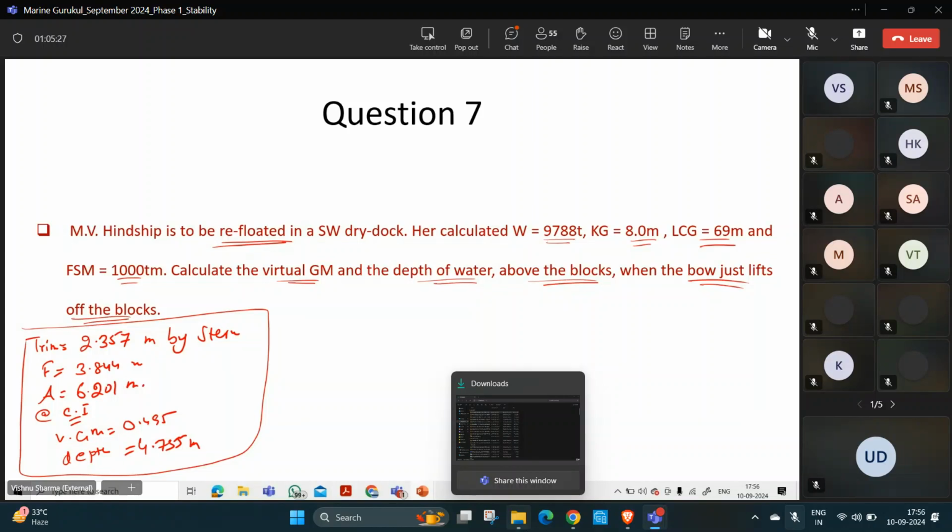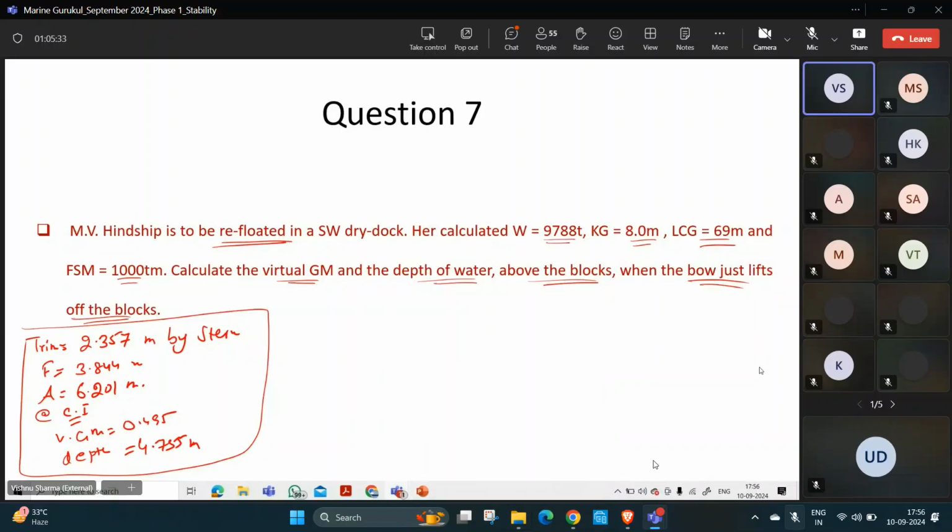So now, what will we do? First, we will forget about refloating. We shall assume that if this vessel, if Hinge ship, was floating free, then what would be her trim?